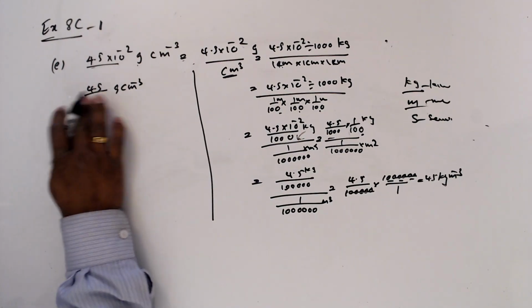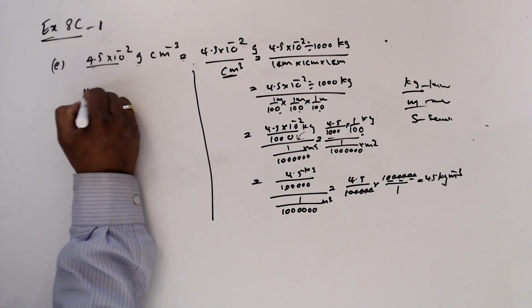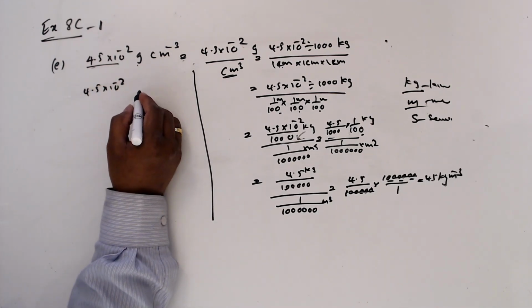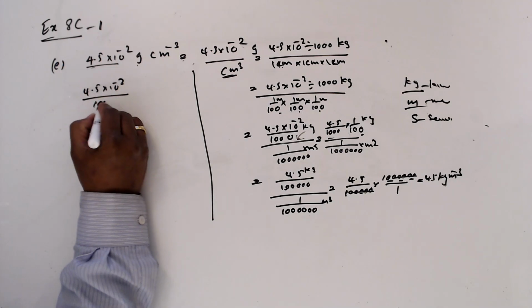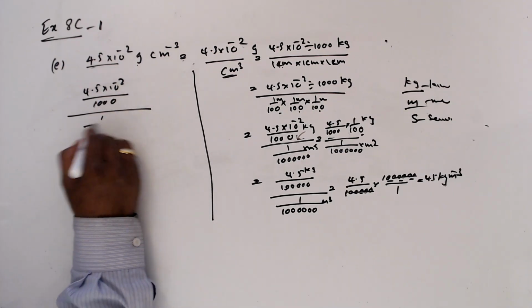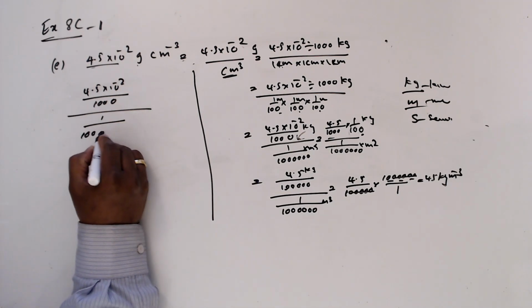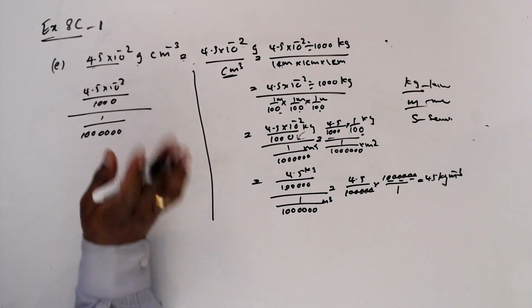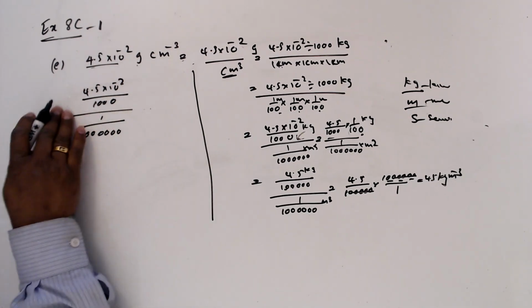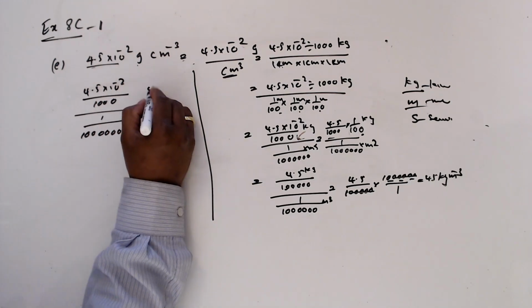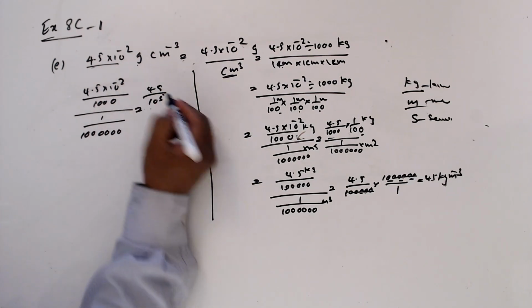Or let me take a different approach. 4.5 times 10 to the power minus 2, and divide by 1000, and all divide by 1 over. If you are confident what you are doing, then it will come like this: 4.5 times 10 to the power 5.